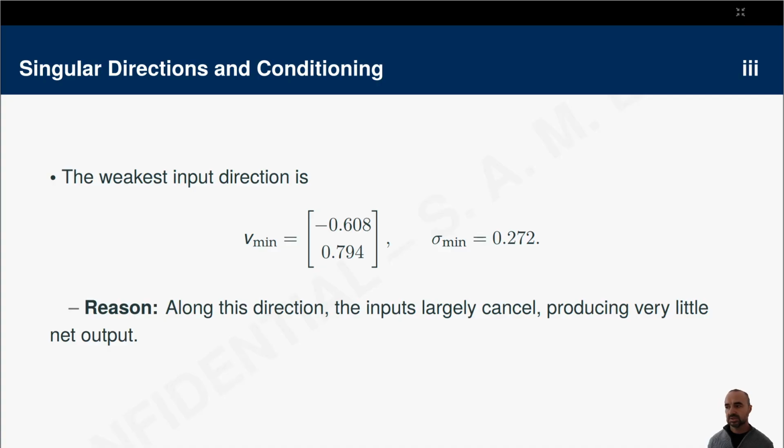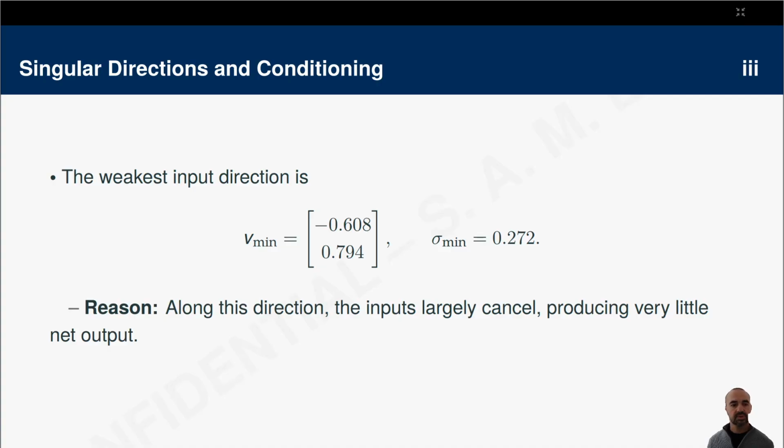This essentially shows how the G matrix transforms the input along the weakest direction.